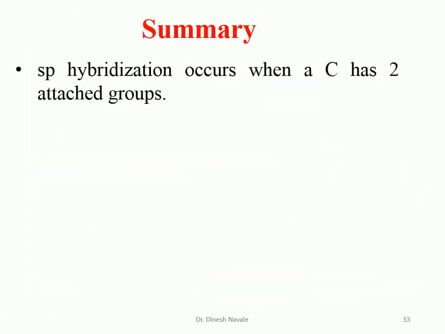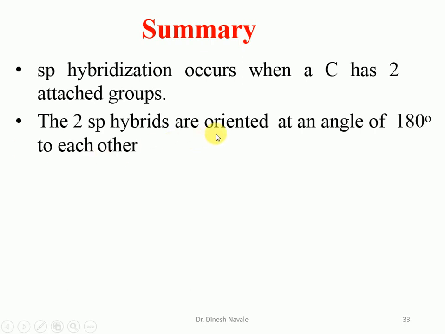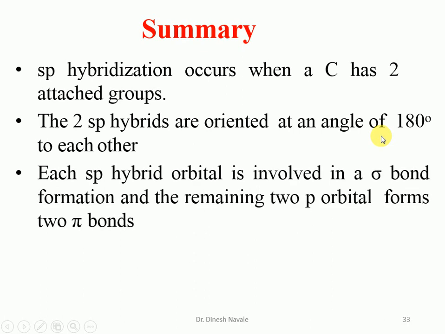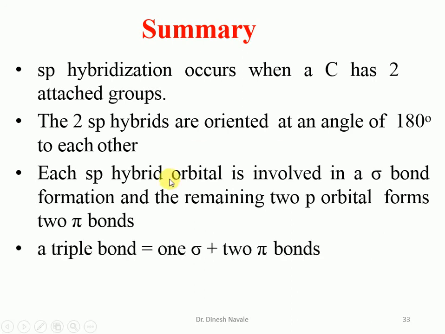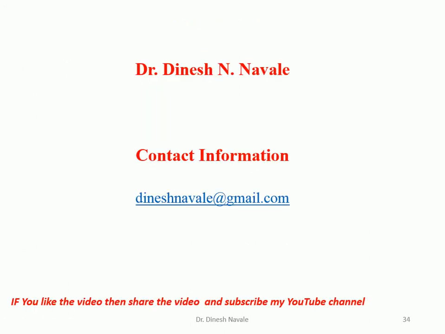So in summary, sp hybridization occurs when a carbon has two attached groups. The 2 sp hybridized orbitals are oriented at an angle of 180 degrees to each other. Each sp hybridized orbital is involved in sigma bond formation and the remaining p orbitals form the 2 pi bonds. A triple bond will contain 1 sigma as well as 2 pi bonds.